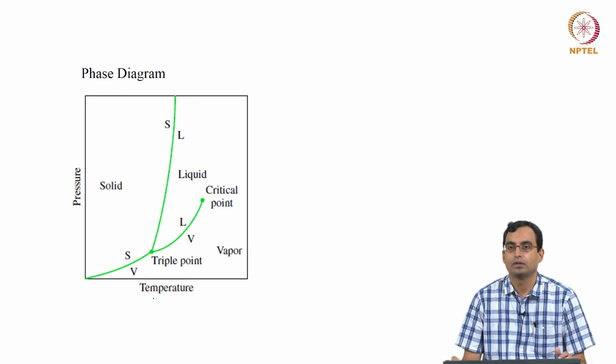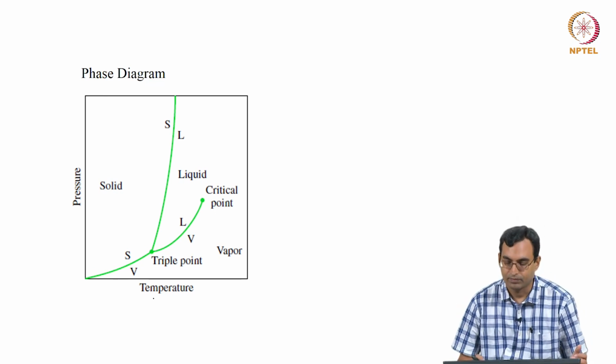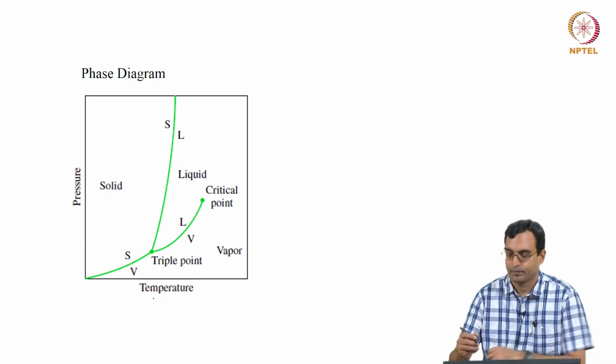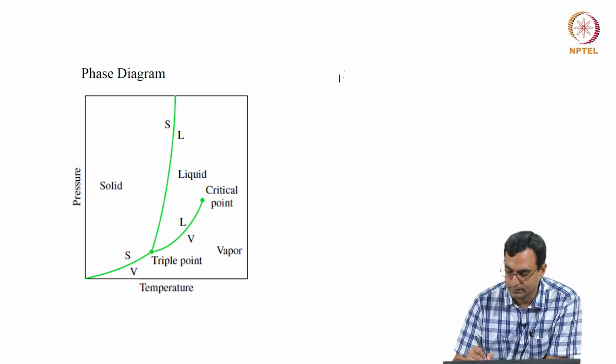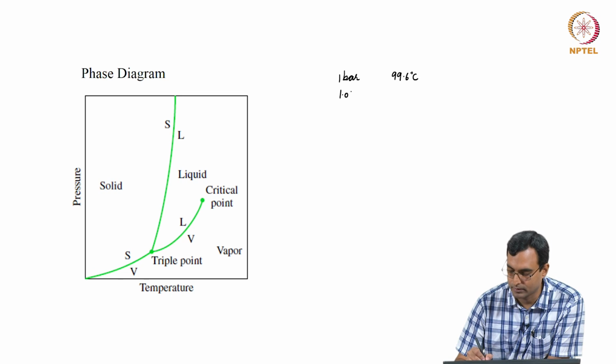What we can do is connect all of these points. For example, for water, we know that at a pressure of 1 bar, the boiling point is 99.6 degrees centigrade. For a pressure of 1.01 bar, we have the boiling point being close to 100 degrees centigrade.